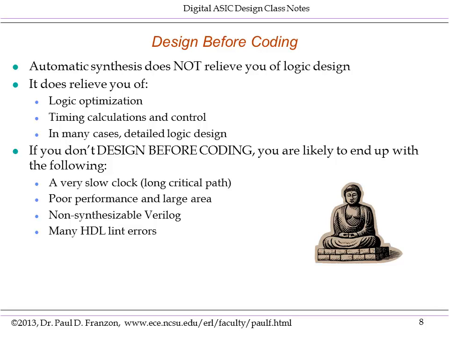A student came to me complaining about how slow and big his design was. I looked at the code, and he had a for loop: for i equals 1 to 1024, A equals A plus B[i] times C[i].